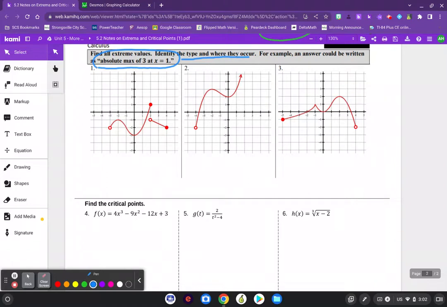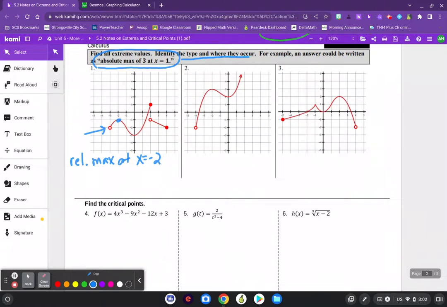And so I would say, looking at this graph, that I have a, well, I can't count this one. That's not a min or a max because it's not defined. But I can count this one. So it looks like I have a relative max at x equals -2.